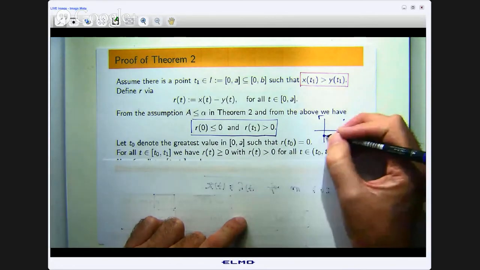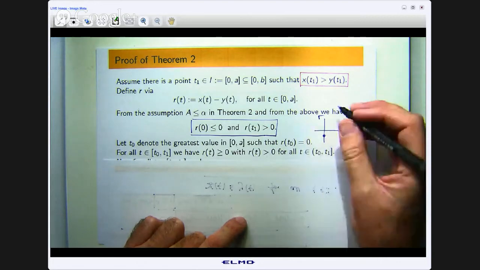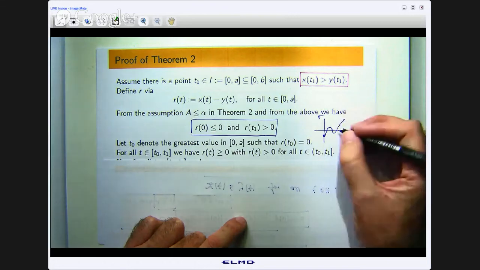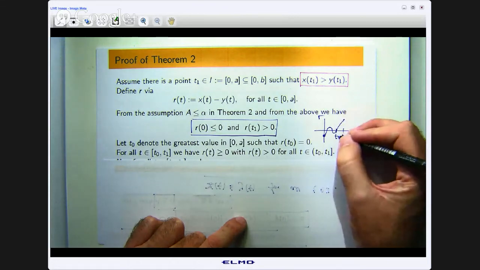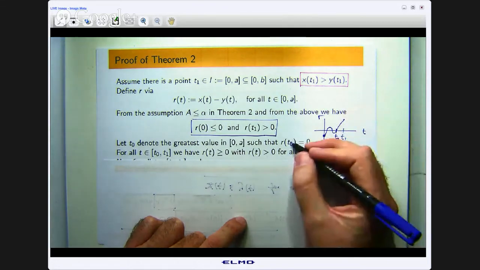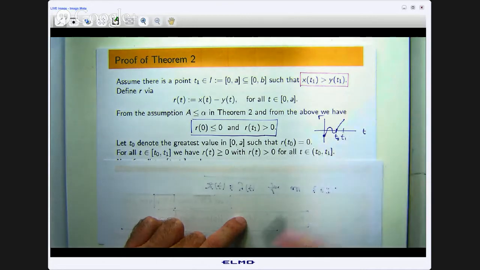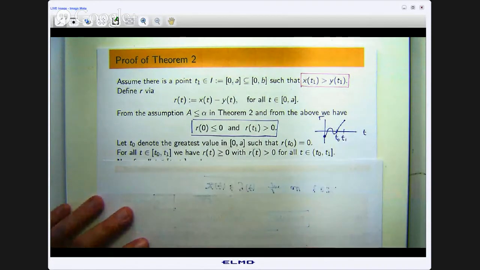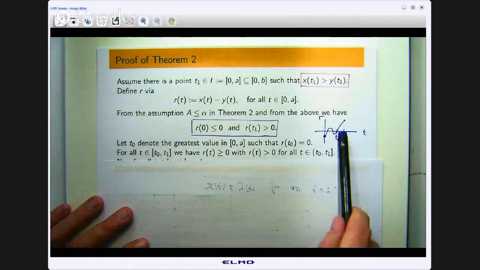And because these things are continuous, there's got to be some sort of last point, or greatest point t0, where r of t0 is 0, okay? All right, so for all points in that interval t0 to t1, we have r of t is greater than or equal to 0, with r of t being strictly greater than 0 on the sort of half-open interval, if you like.